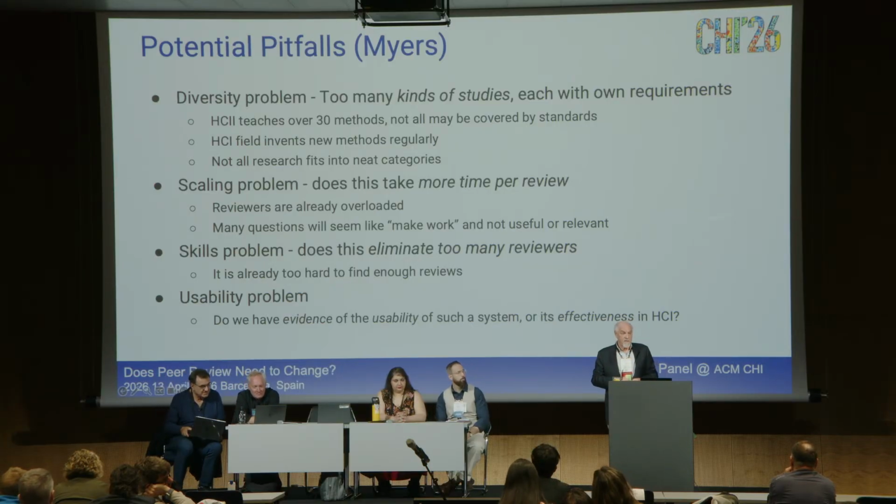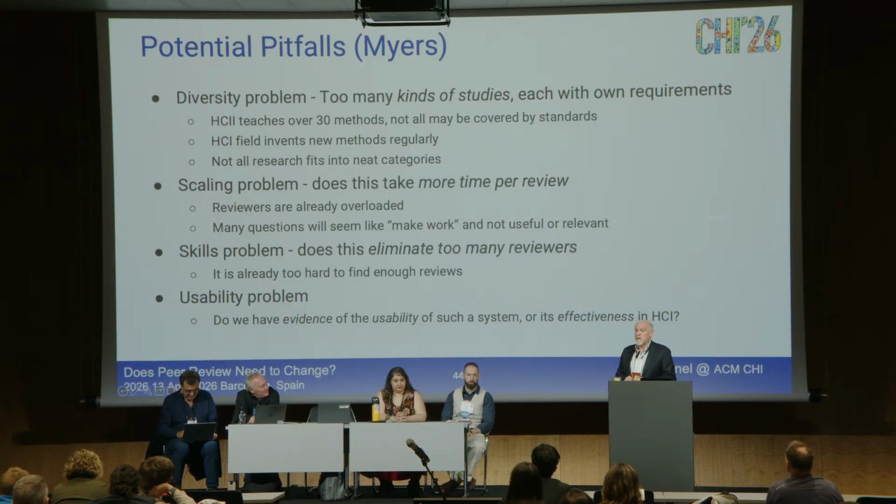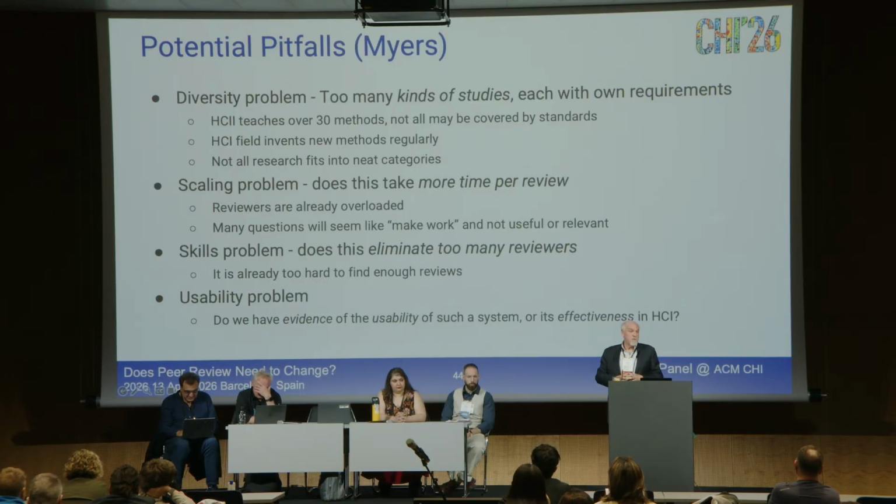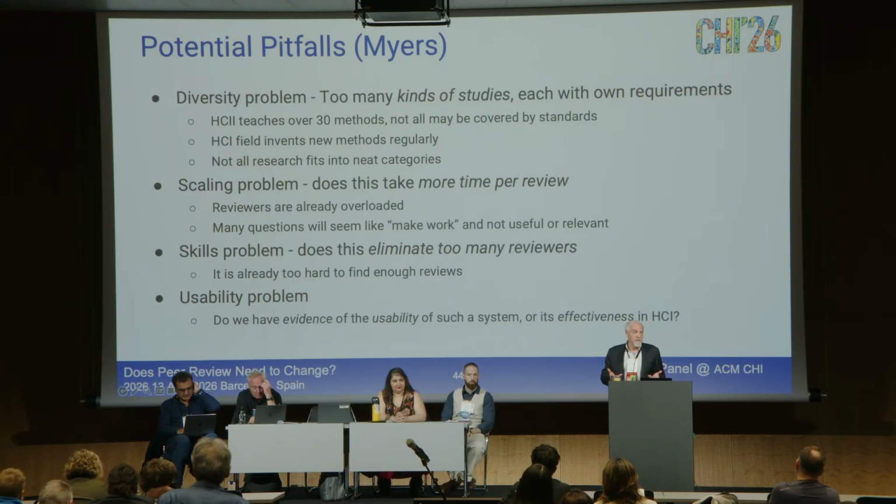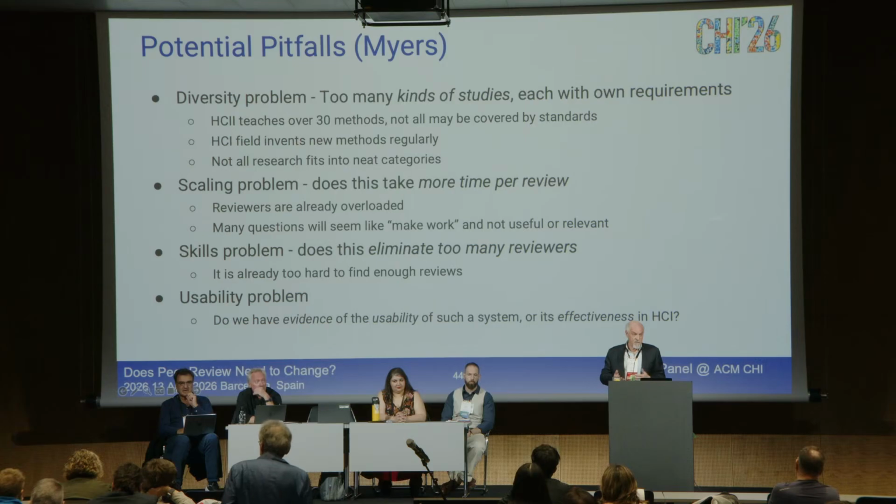The key reviewing problem, I think we all recognize, is a scaling problem. There are too many papers, reviewing takes too long, getting enough reviewers is hard. Each individual reviewer is already overloaded, and it certainly is a question of to what extent this actually makes more work. The claim is it'll be less work.